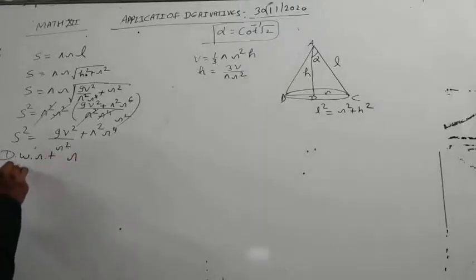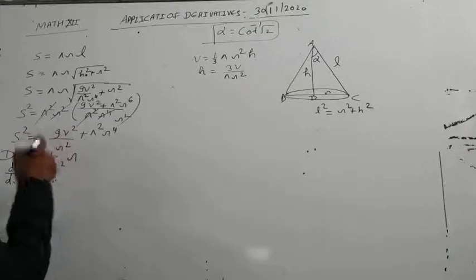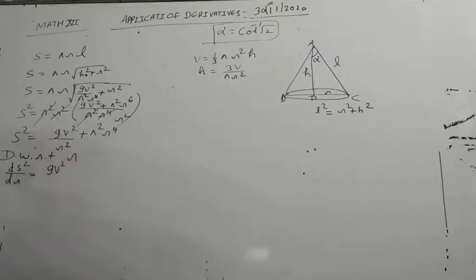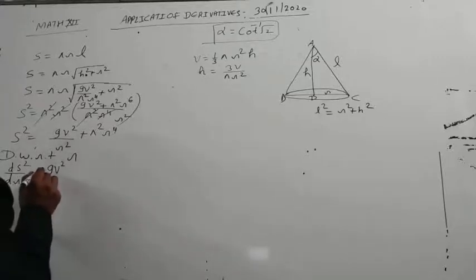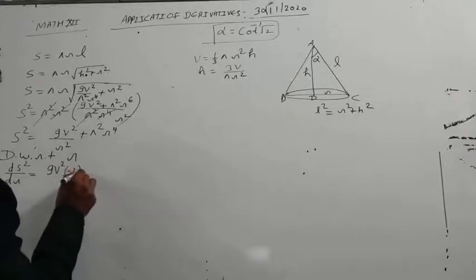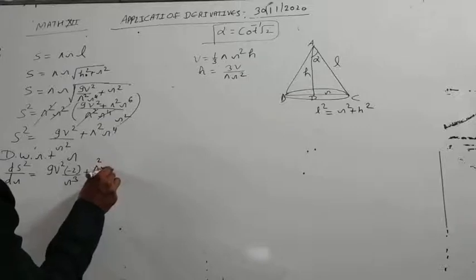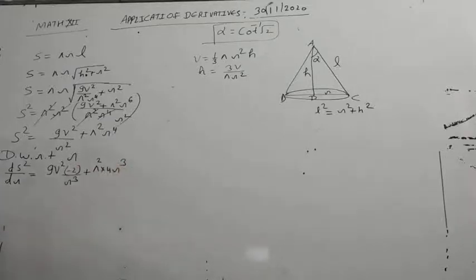So d(S square) by dr will be 9V square, and r square goes into the denominator, so it becomes r to the power minus 2, giving minus 2 r to the power 3, plus pi square into 4 r cube.